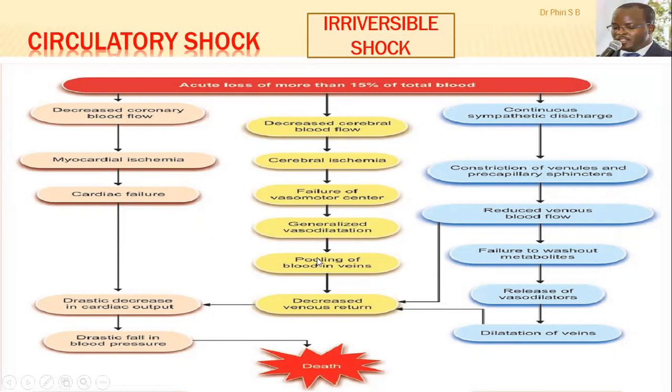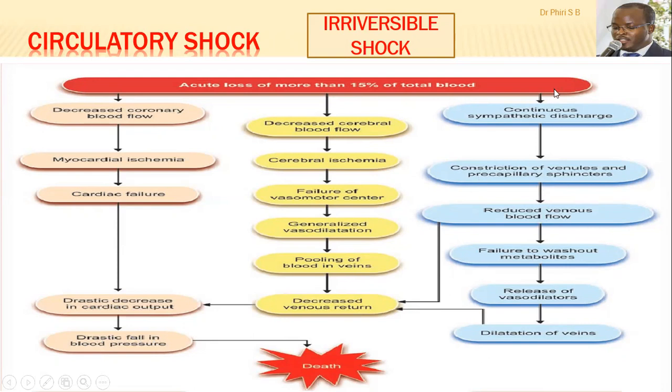That will result into pooling of blood in the veins. So this pooling of blood in the veins will result into decreased venous return. Decreased venous return, you're going to have drastic decrease in cardiac output. That will result into drastic fall in blood pressure, then death of the patient.